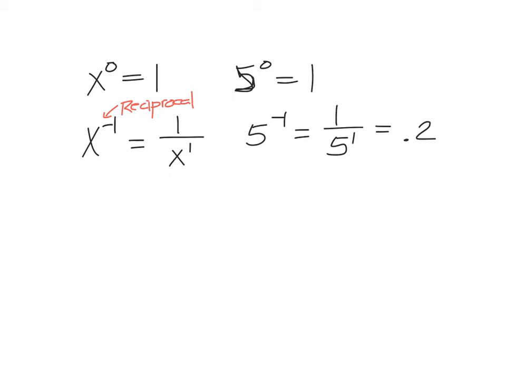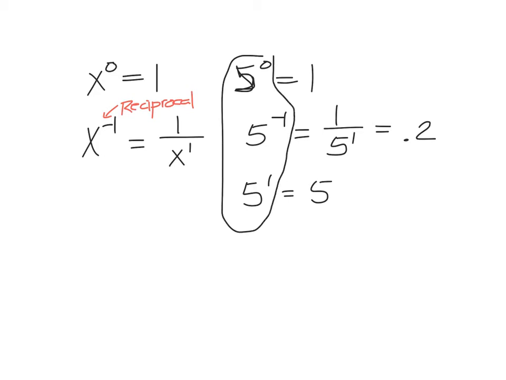Okay, so now let's go back to the idea of the 0 power. If I do 5 to the first, that's 5. So what we have is kind of a number line here: 5 to the negative 1, 5 to the 0, and then 5 to the first. So this is 0.2, this is 1, and this is 5.